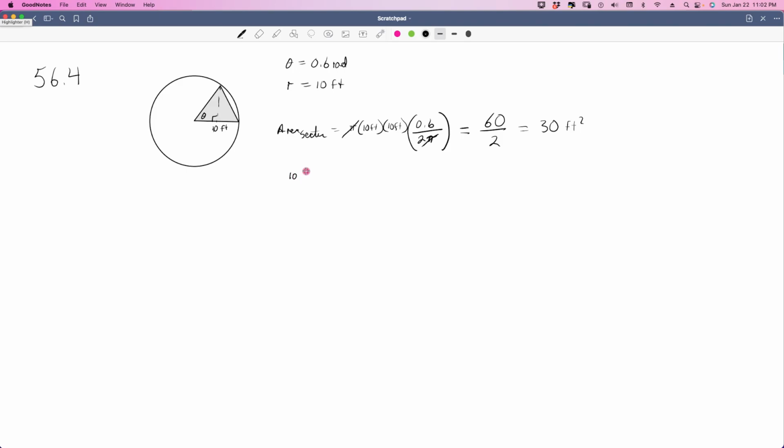So 10 times the sine of 0.6 is equal to 5.65. Now we can find the area of the triangle. So we can say 5.65 times 10 divided by 2. And that comes out to 28.25.